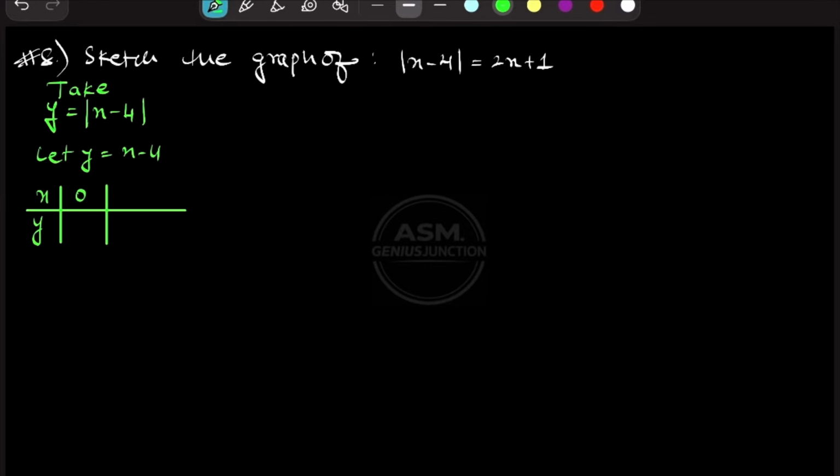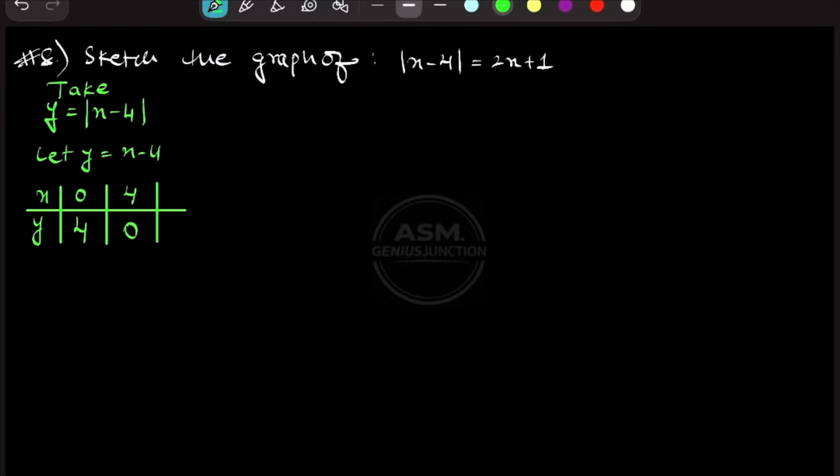The moment I put x equals 0, I will get y equals minus 4, but it will become plus 4 because there is a modulus sign involved. Okay, we have done the question previously, so we understood this. Then I will put y equals 0. When y is 0, x is 4.